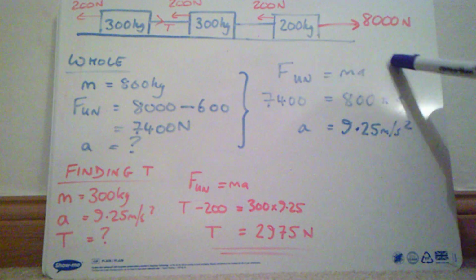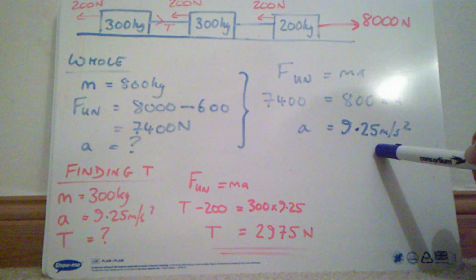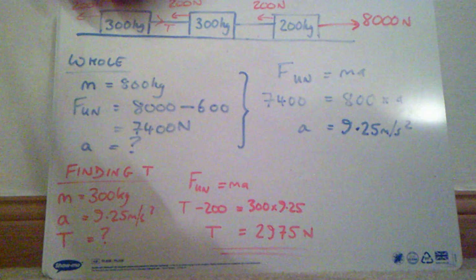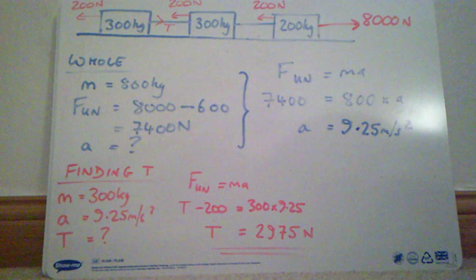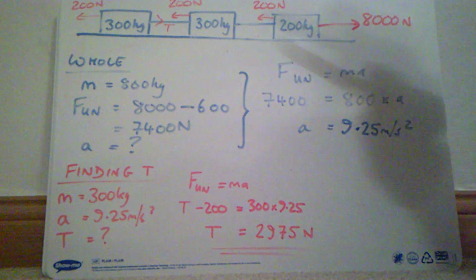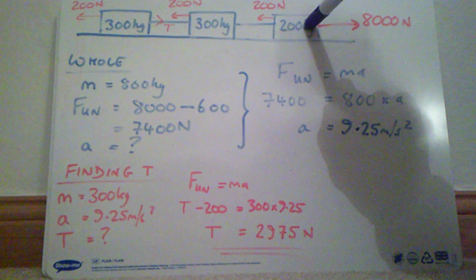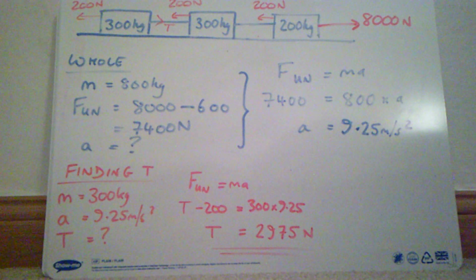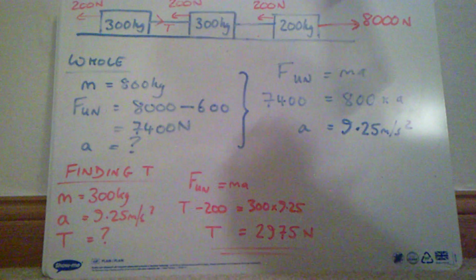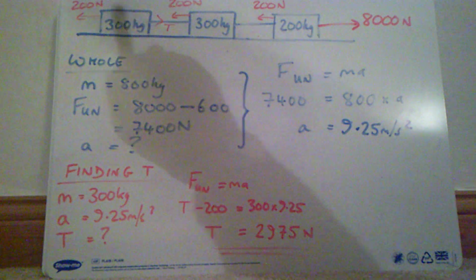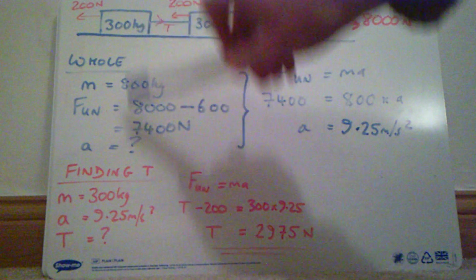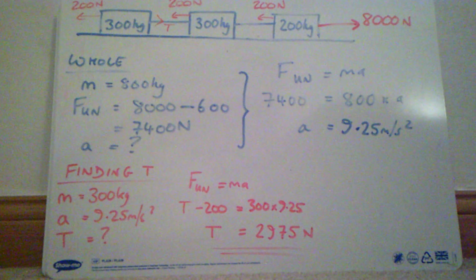F_un = ma, stick the numbers in, and the acceleration of the system is 9.25 metres per second squared. So we found the acceleration of the whole system. And because everything's connected, the acceleration of each individual body is also going to be 9.25 metres per second squared. So now we've found the acceleration of the whole system, and therefore the acceleration of the bit in which we're interested. We zoom in on the bit which we're interested in and do F_un = ma again.